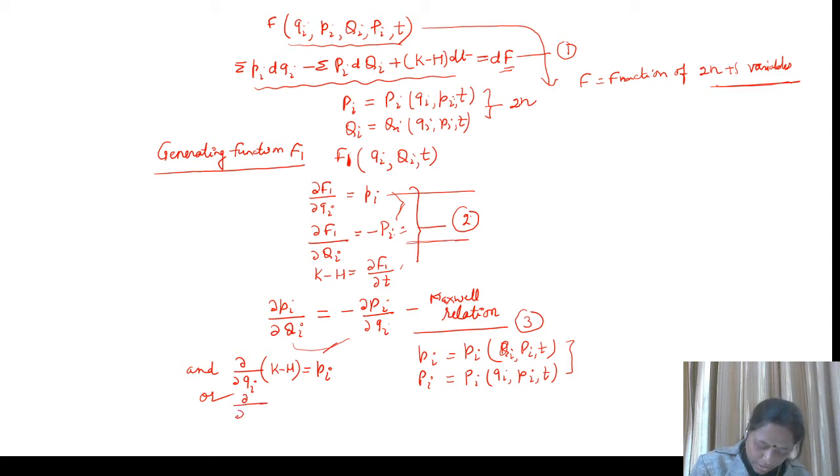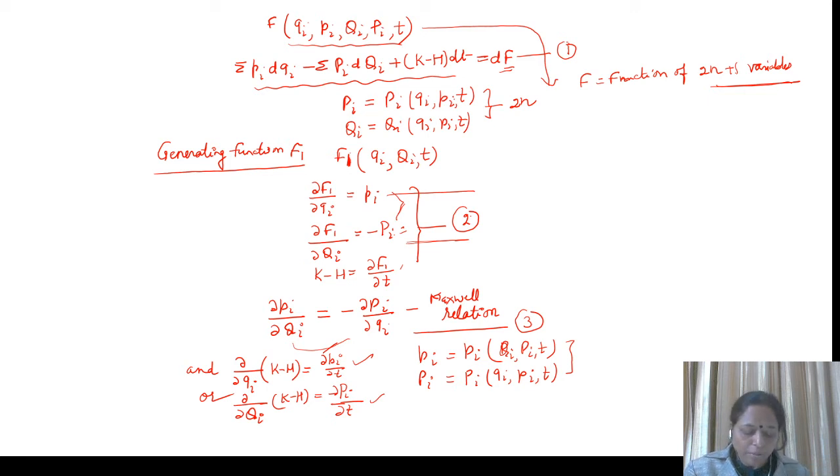So delta by delta capital Qi of (K minus H) is equal to minus delta Pi by delta t, and this will be delta capital Pi by delta t. So either this should be satisfied or this should be satisfied if t is involved in your transformation equations or generating function. So this is one way.